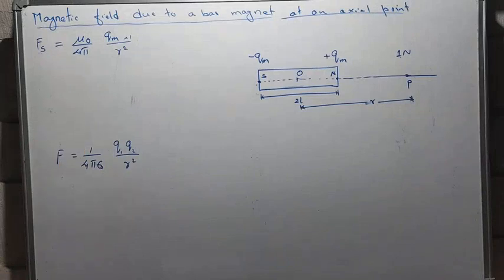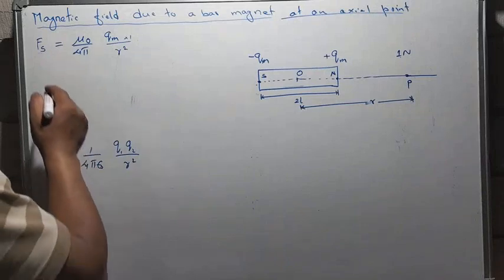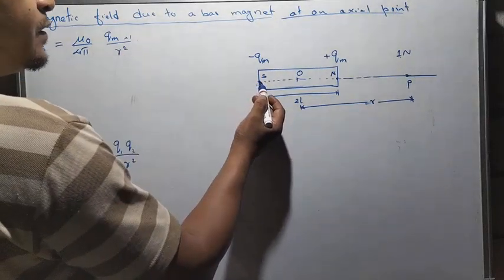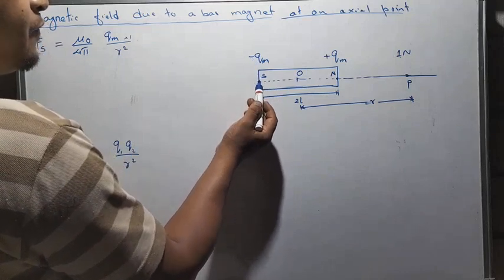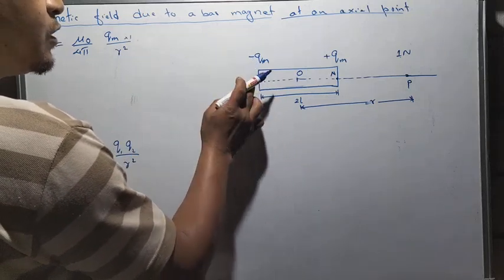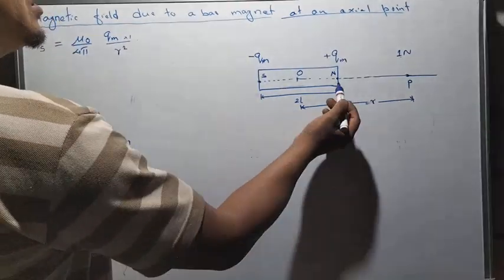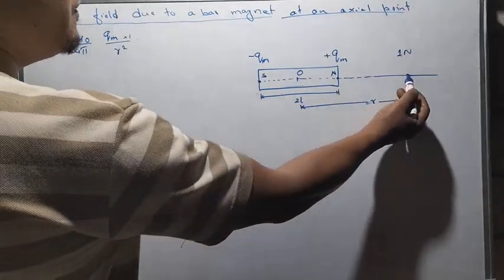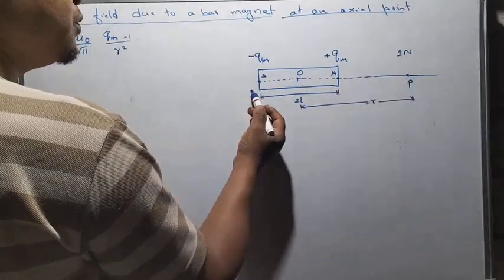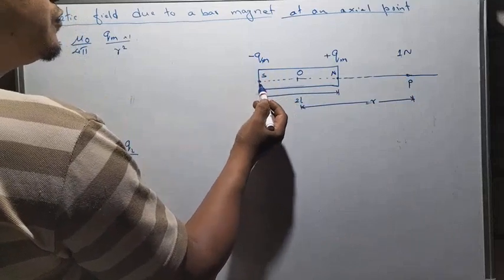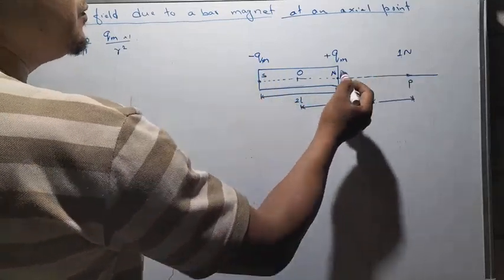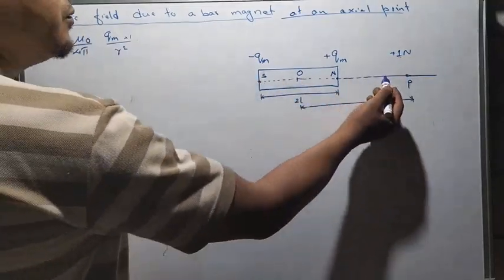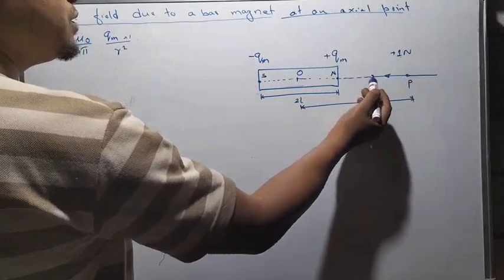All right, now what is the direction of this force Fs? We treat this south pole as a negative charge and the north pole as a positive charge. Therefore, the magnetic force at this point P due to the south pole, because the south pole behaves as a negative charge and the north pole behaves as a positive charge, this force Fs will be attracted towards the south pole.